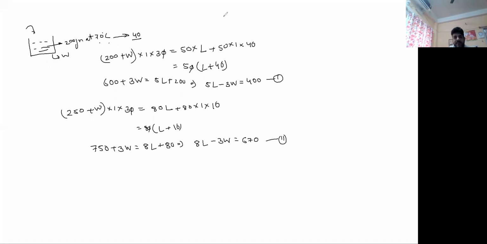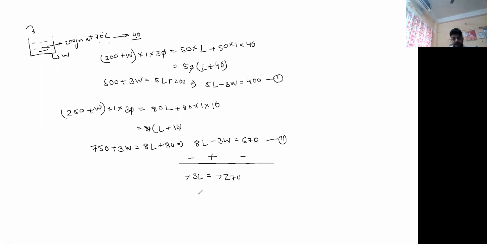From these two equations I can easily calculate the value of L. If we add them, minus plus minus, so W cuts off. 5L and 8L minus 3L, that is 400 minus 670, that means 270.